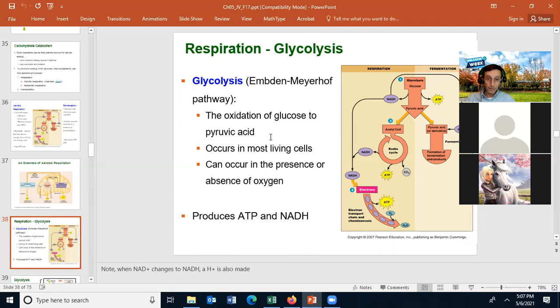Glycolysis occurs in most living cells, and it can occur in the presence or in the absence of oxygen, because glycolysis does not use oxygen. It does produce a little ATP and a little NADH. And I'll talk more about NADH in a slide or two.